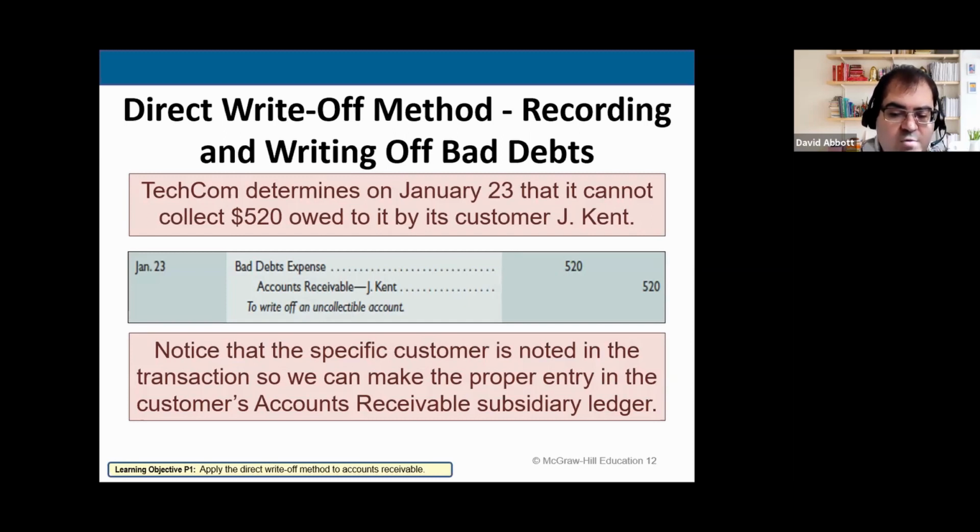The credit removes its balance from the accounts receivable account in the general ledger and also in the subsidiary ledger for the customer. And so we debit bad debts expense, in this case $520, and then we credit accounts receivable J. Kent in order to clear J. Kent's account, and then as well the main accounts receivable account.